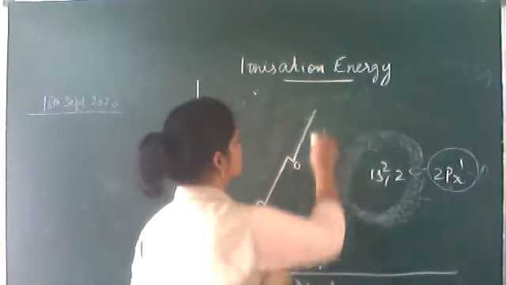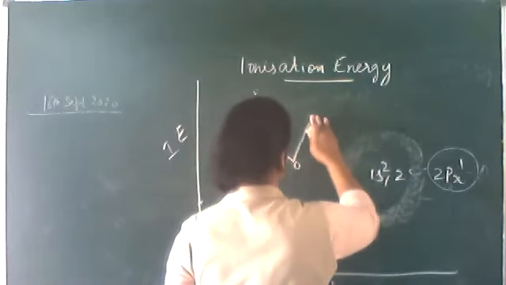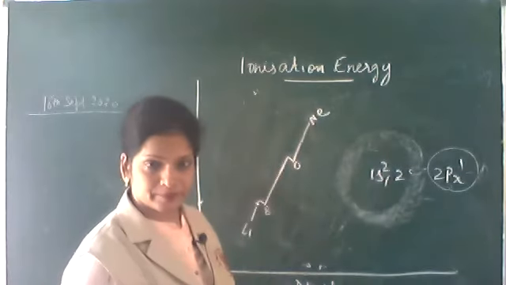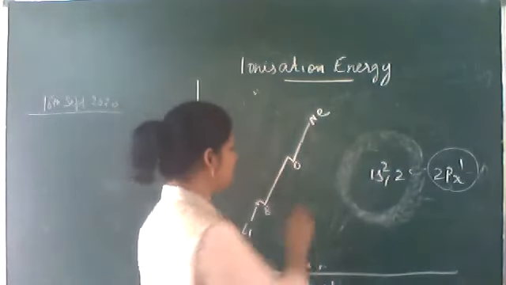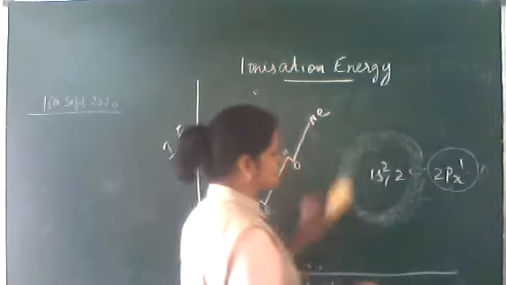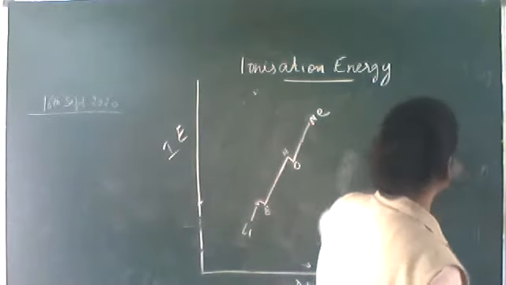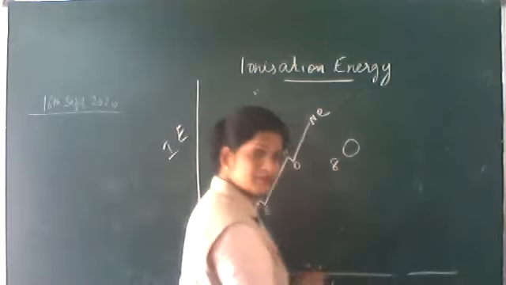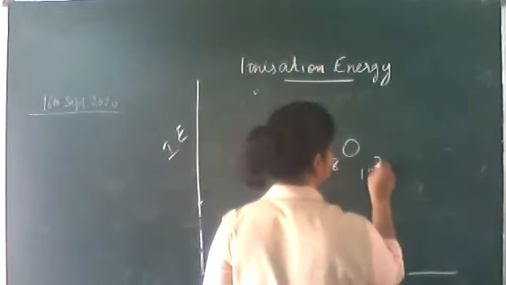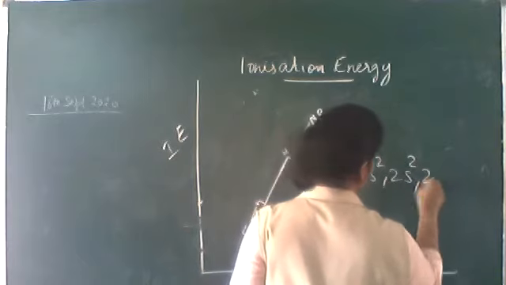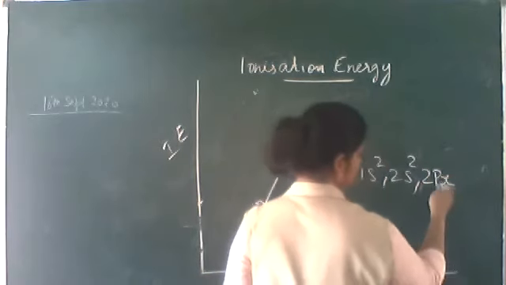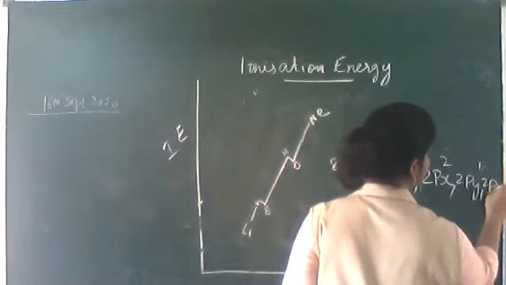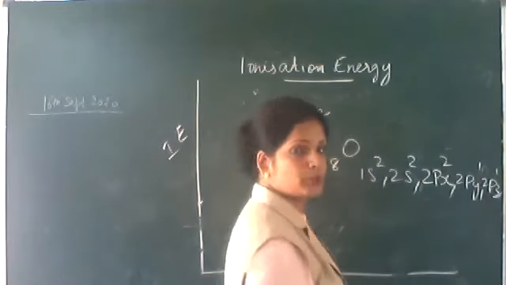When it comes to oxygen, again there is a dip. After nitrogen, there is a dip in the case of oxygen. What is the state of oxygen? Oxygen, atomic number 8: 1s2, 2s2, 2px2, 2py1, 2pz1.